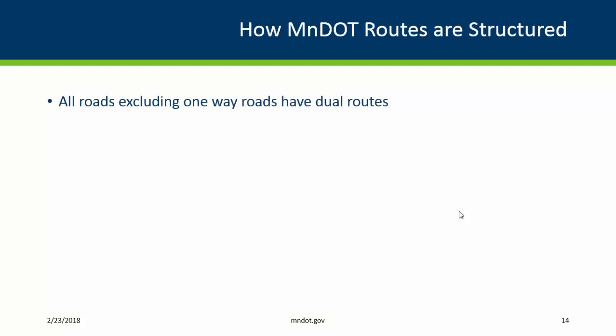All routes, excluding one-way roads, have an increasing and decreasing side. This means that there is mileage on both increasing and decreasing directions. The mileage for both directions increases with the increasing direction. For us, that's from west to east and from south to north.